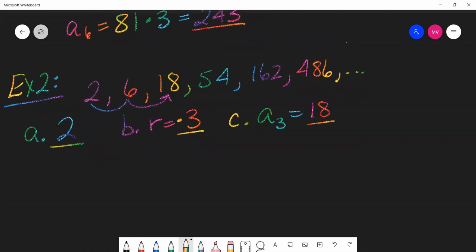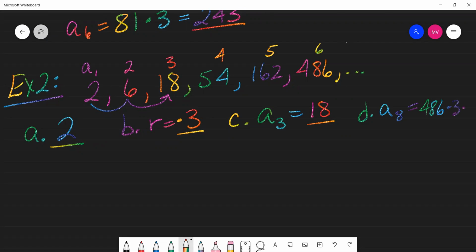Then they ask for A8. 1, 2, 3, 4, 5, 6. The term at position 6 is 486.